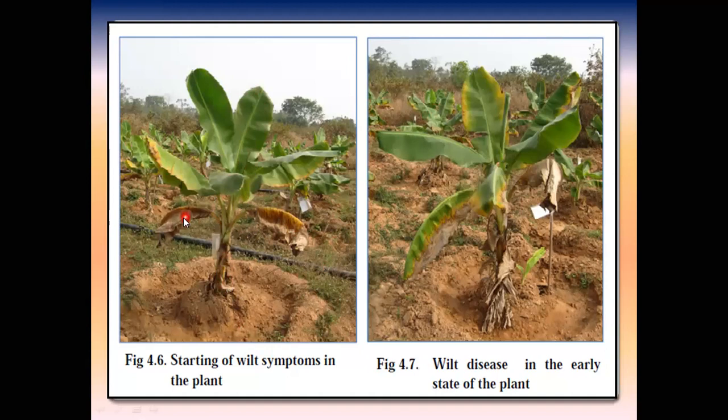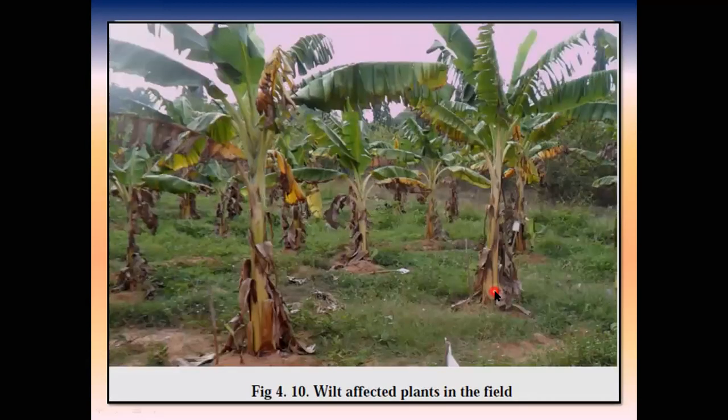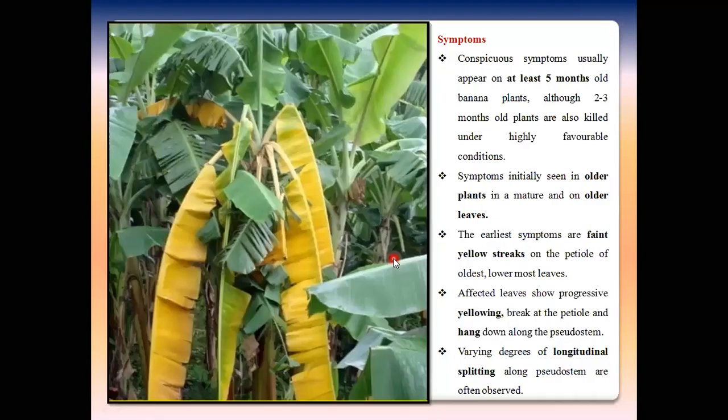The lowermost leaves are first infected by the fungus and show yellow color, and then the whole plant wilts. In severe infection, the affected pseudostems generally show cracking. This is the banana plot affected by the Fusarium fungus.